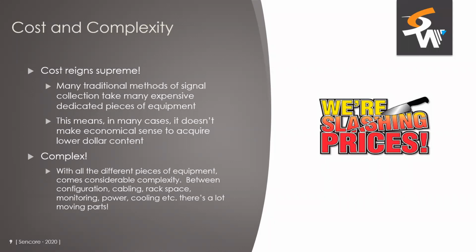And if we can reduce that cost, we can likely go and get more unique content where previously it wouldn't have made sense to roll a $1 million satellite truck to go get, say, a Little League football game or something like that, right? And bring that back to the head end. So this is really the advantage of getting to a lower cost solution that allows you to still bring back content reliably.